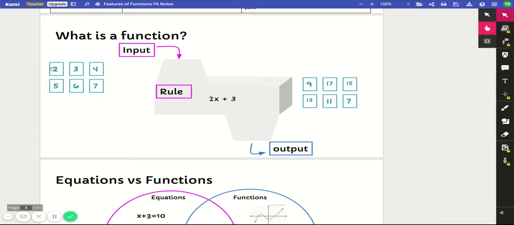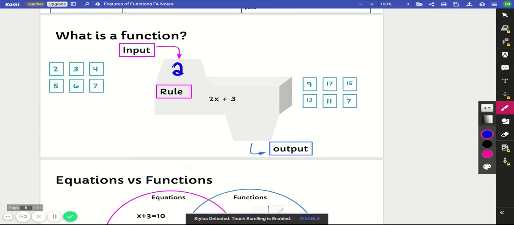If I were to take a 2 and input 2 into my machine, and my rule is 2 times x, which is my 2 over here, plus 3. So 2 times x is 4, plus 3 is 7. So my output would be 7.